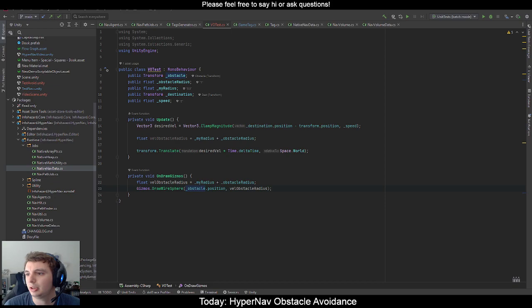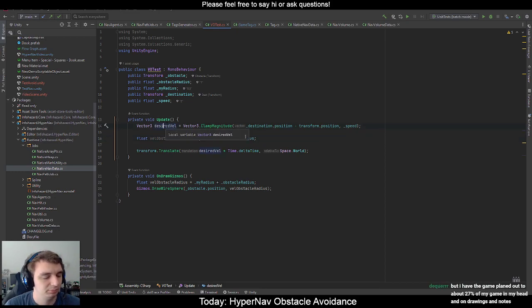Okay, so I need a function that will take my desired velocity, which is just desiredVel, and do a raycast from my current position to see if that intersects with the sphere with this radius.